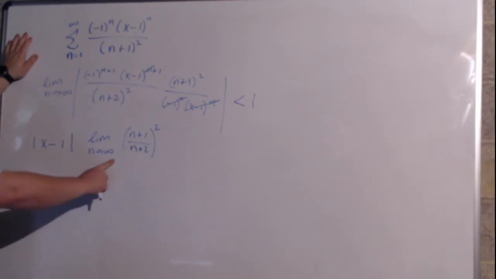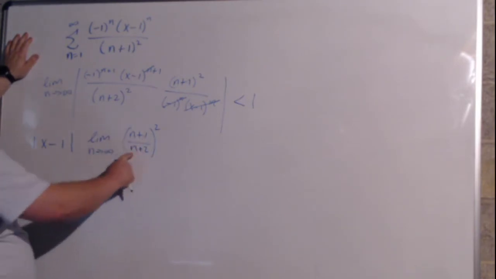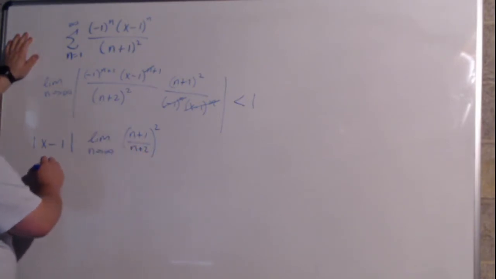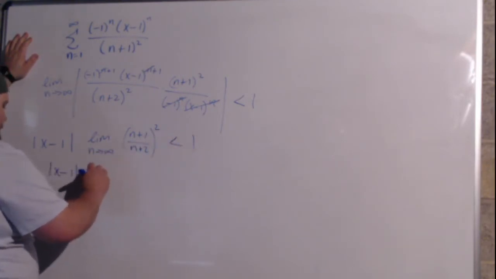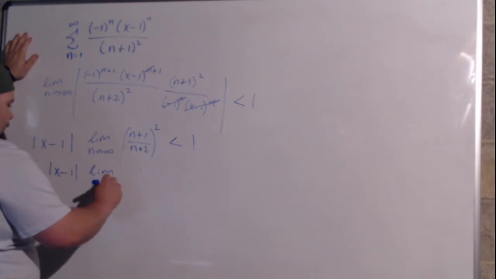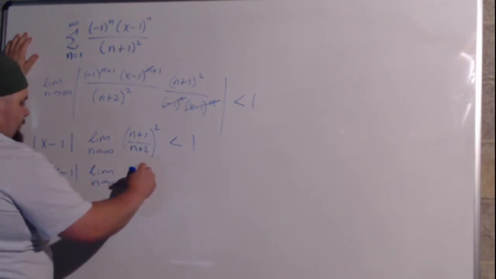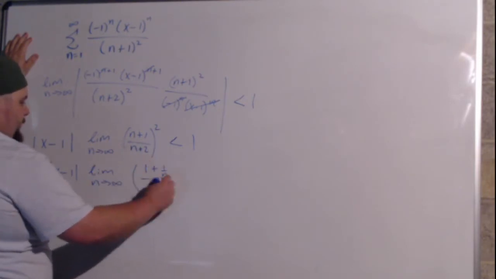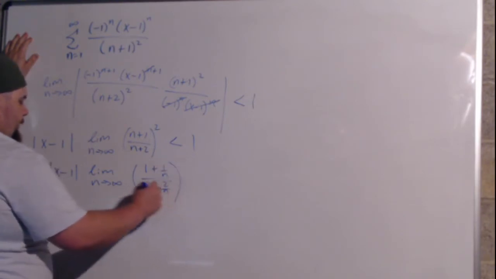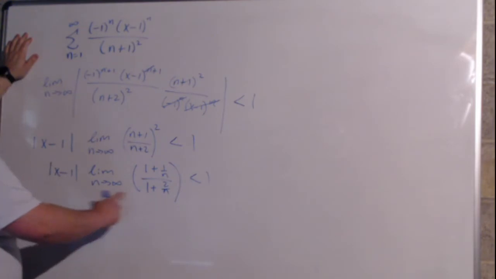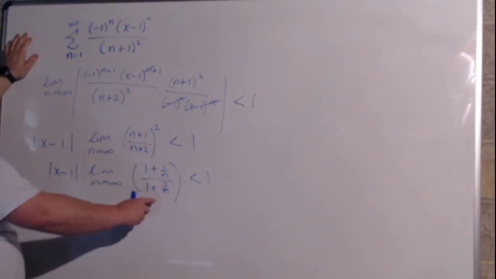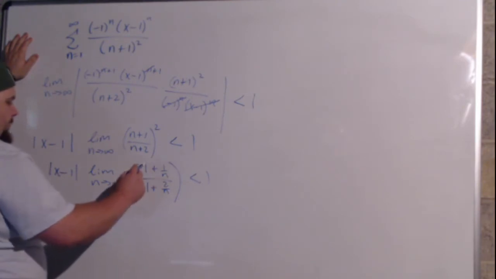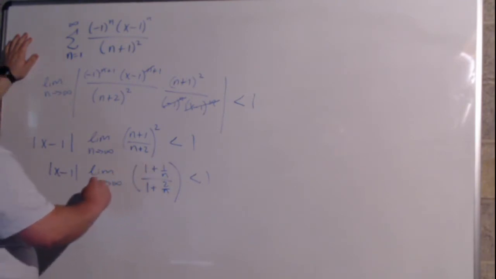Then if I want to do the limit, I would divide each one of these terms by n, still all less than 1. So 1 plus 1 over n, 1 plus 2 over n. When I take the limit, anything that's 1 over n or 2 over n goes to 0, so I'm just left with 1.